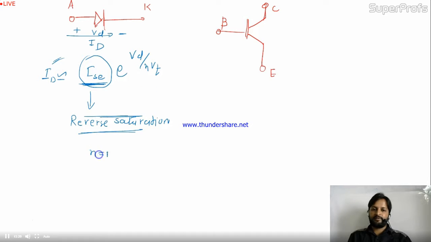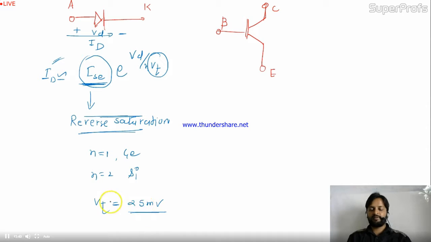Eta is 1 for germanium and eta is 2 for silicon. Vt at room temperature is 25 millivolt. This is the temperature equivalent voltage. So this is the equation for the diode circuit.